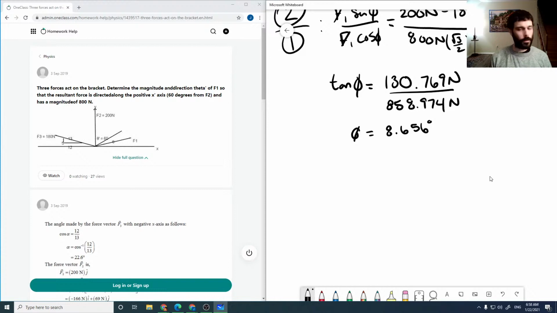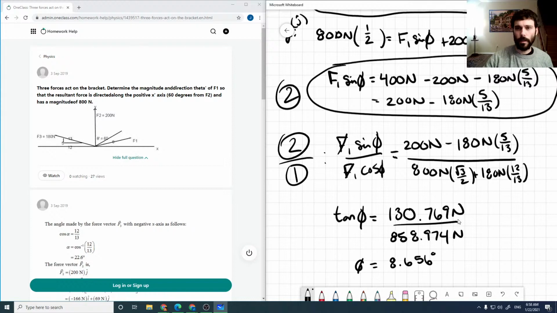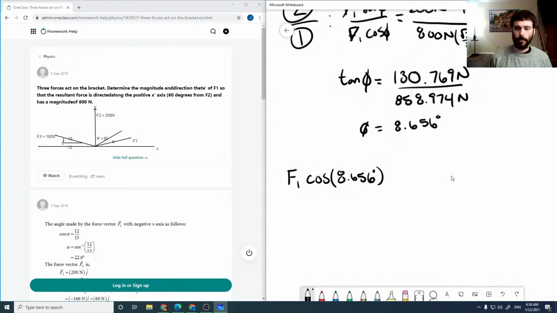And then for my force, I can use either of the equations. So I can say that F1 times the cosine of 8.656, which would be the first equation there, is equal to 400 newtons. It's equal to, I'll just again keep it all worked out here, this 858.974 newtons.